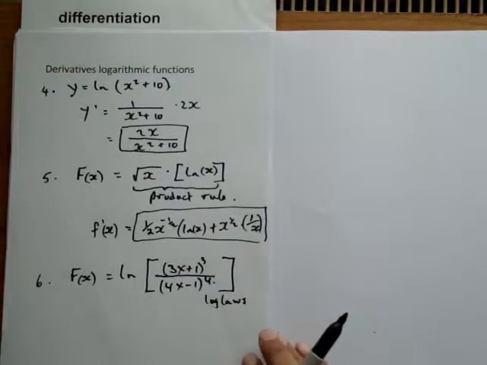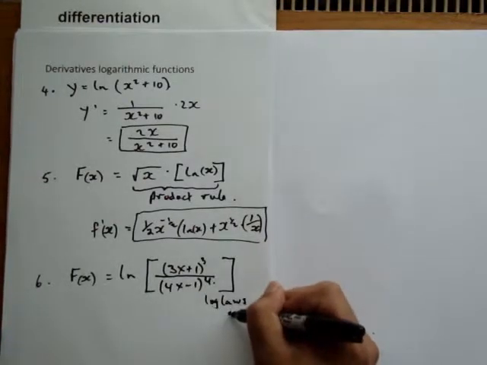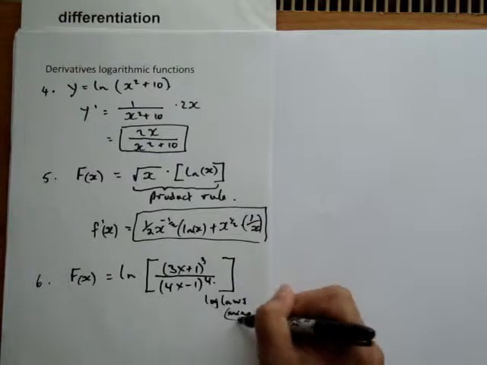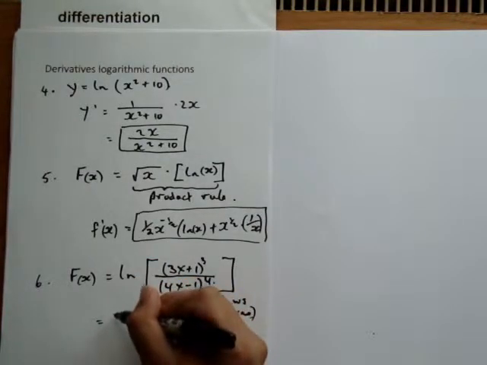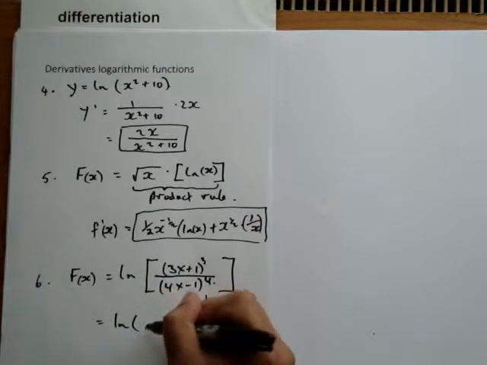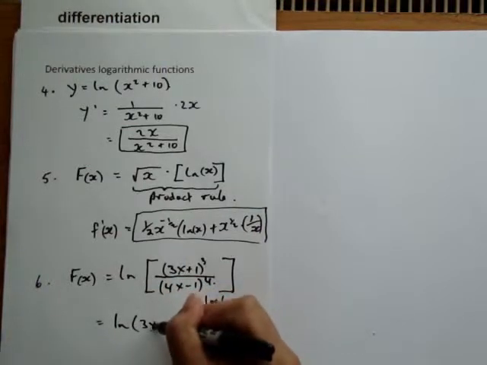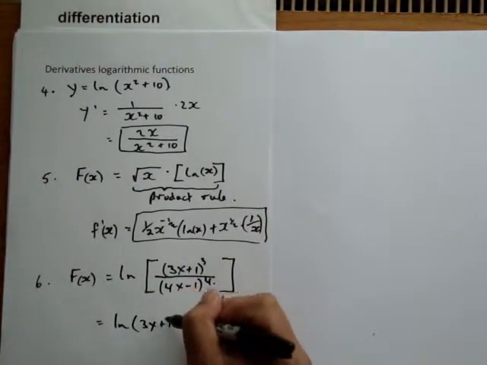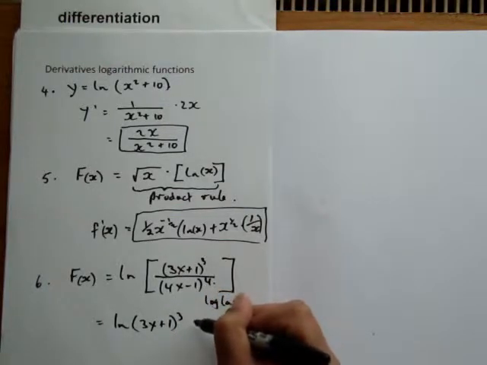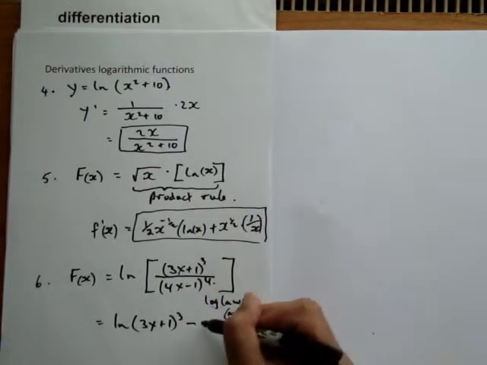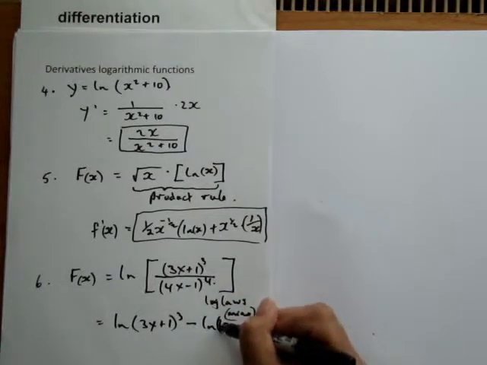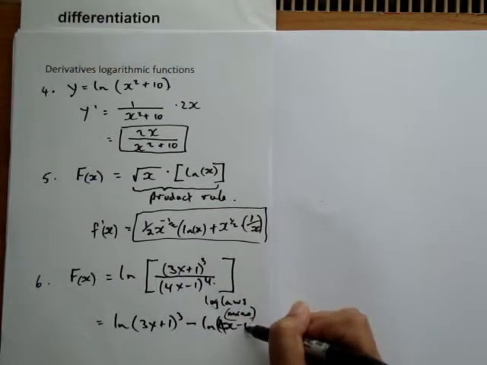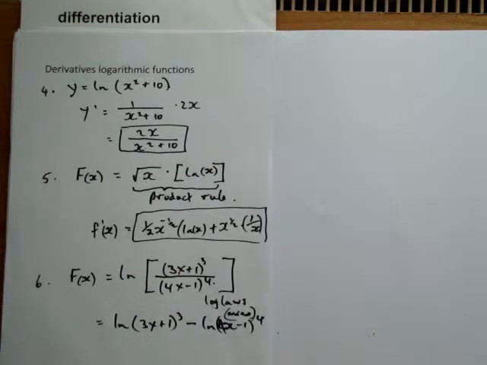When we divide, we minus, so we end up with natural log 3x plus 1 cubed minus the natural log of 4x minus 1 to the power 4.